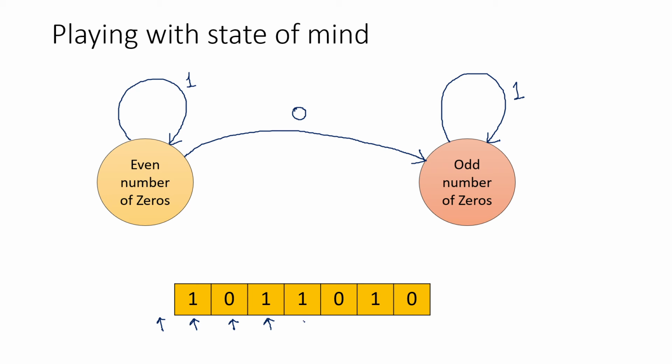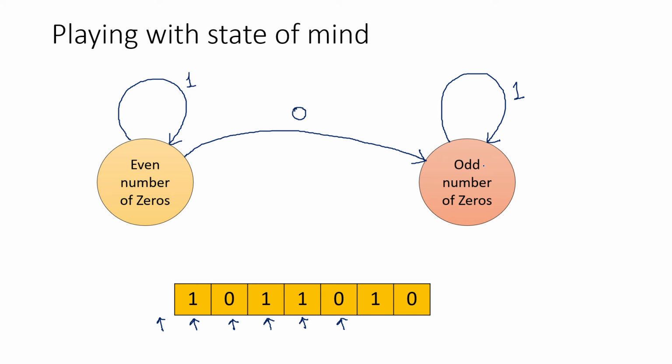Again you will get a 1. It doesn't change your state of mind, so you are again in this state. No issue. But as soon as you see a 0 again, your current state of mind says you have already visited an odd number of zeros, and if you get another 0 over here, concatenating this 0 with the previous odd number of zeros, the total number of zeros you have seen will become even.